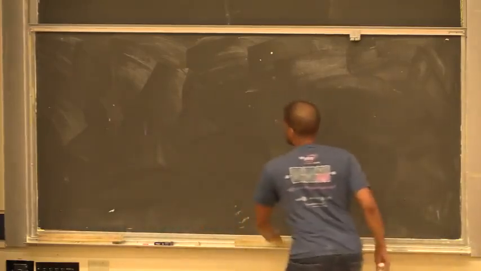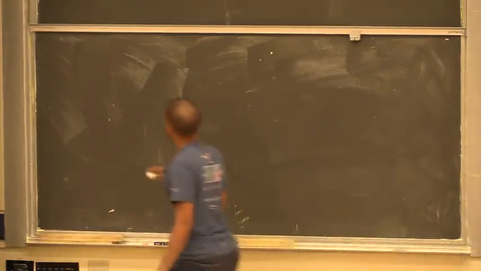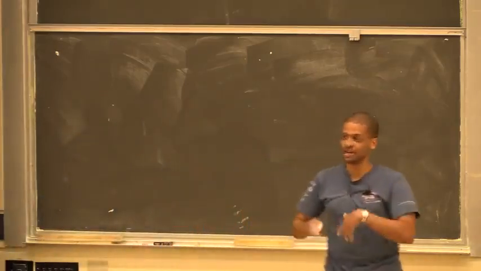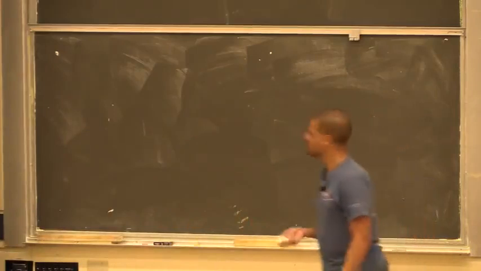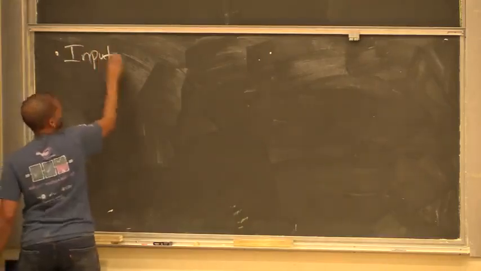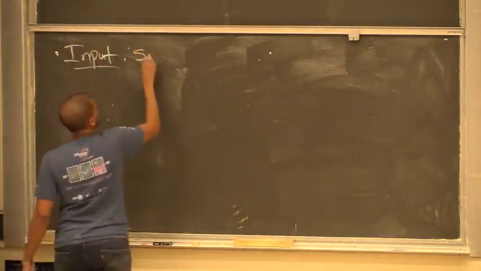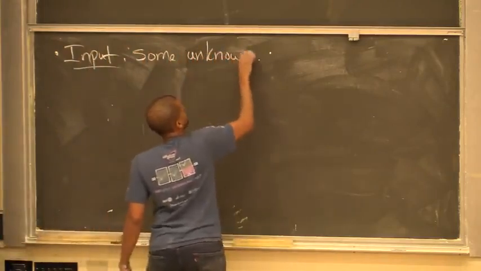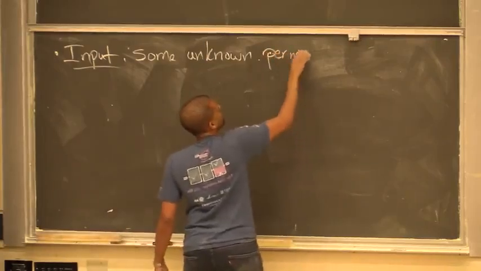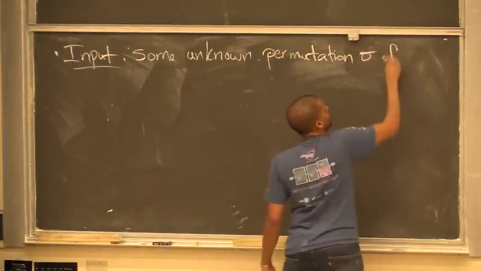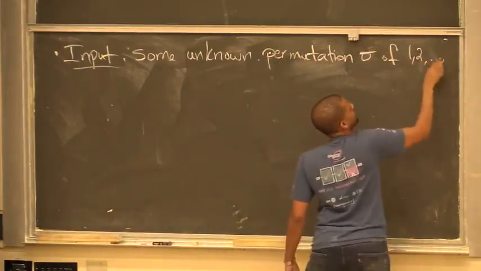So I'm going to just restrict myself to a subset of all possible inputs to your sorting algorithm. So pretend the input is an array of length n. It's some unknown permutation sigma of 1 up to n.